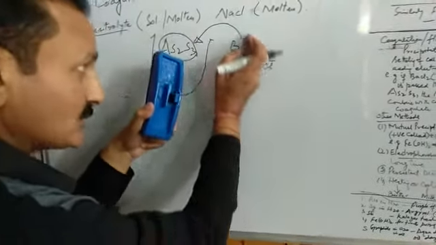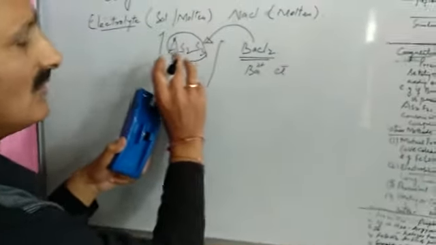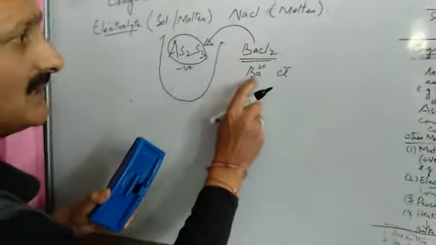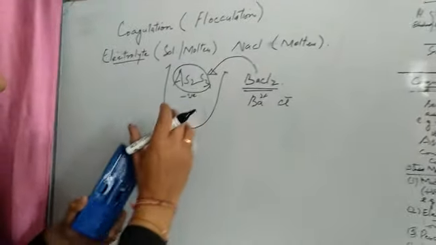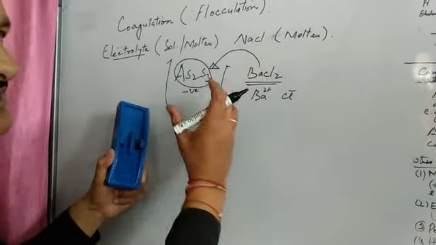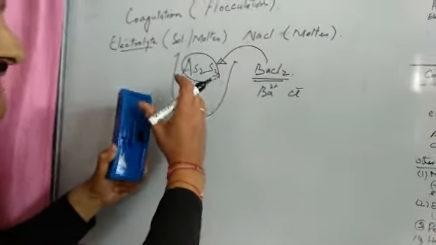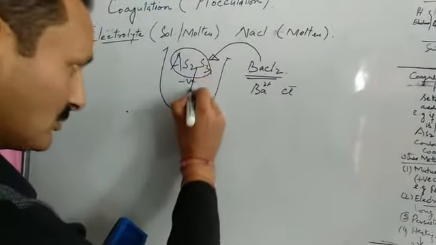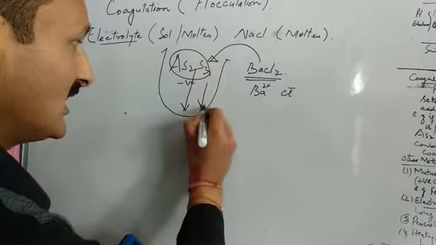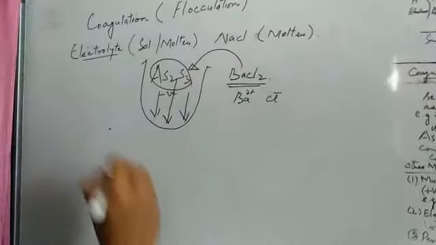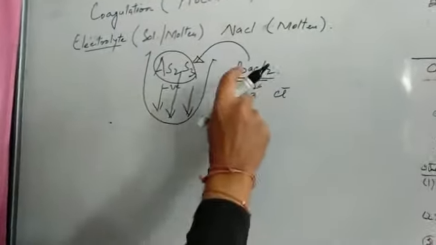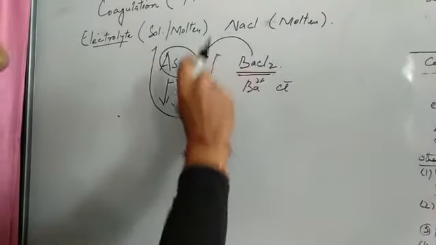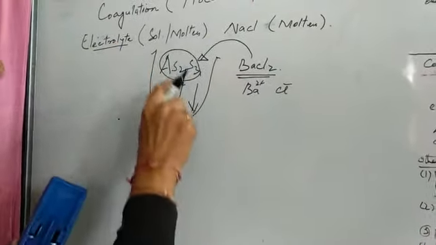So when this electrolyte is added to the colloid, the barium ion combines with the negatively charged colloid, and neutralization happens. As the result of neutralization, your colloid settles down, coagulates, precipitates. So this electrolyte has helped the coagulation of the colloidal solution, or the flocculation of it.